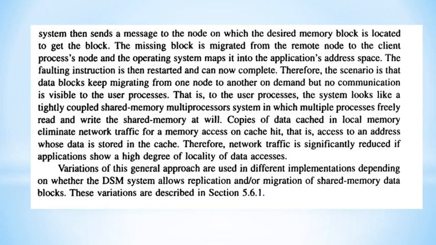So for the user process in the user system, the system looks like a tightly coupled shared multiprocessor system. A number of copies of data will be cached in local memory, which eliminates the network traffic for a memory access on a cache hit. Means if there is data in the cache, it is a cache hit. If there is no data, it is a miss. You will study hit and page miss in operating systems.